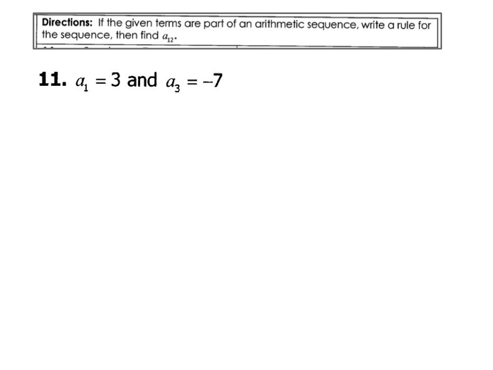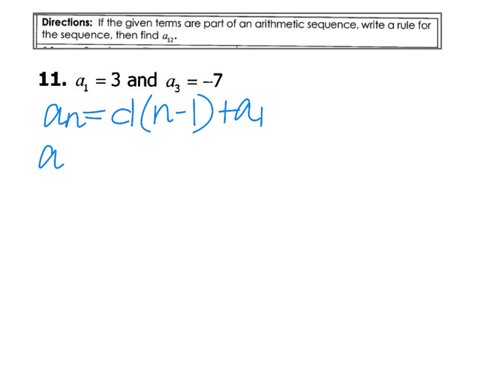We're going to start with our formula. We know our formula for an arithmetic sequence is A sub n equals D times n minus 1 plus the first term. Now plug in what we know. We know we're going to be using A sub 3, our third term. We don't know our common difference.